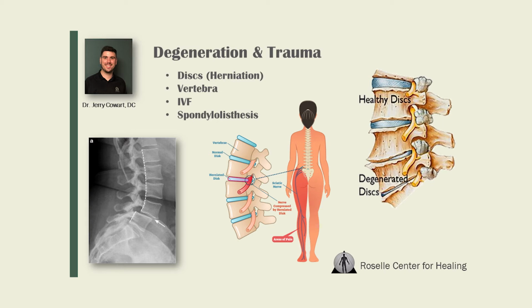That's because you don't have that disc anymore that provides the height, which provides more opening, more space in that foramen for that nerve to come out of, which in turn can give you that, quote, pinched nerve type sensation. That can damage that nerve and give you the sciatica, that pain, the burning sensation, and the weakness in the muscles.